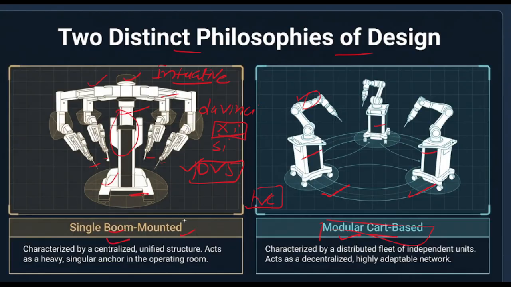Most surgeons like the single boom mounted surgical system, also because of Intuitive's influence, as they have 30 years of experience in robotic surgical systems. Because of their patents, no one makes the same robot as Da Vinci, so others came with another design, the modular cart.